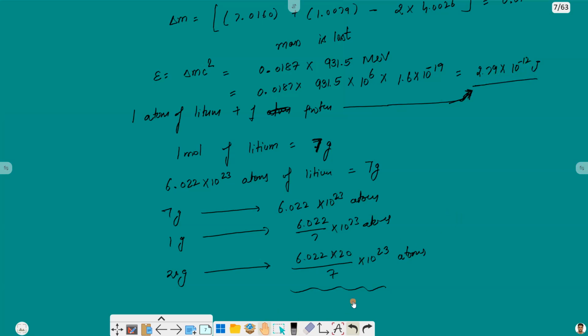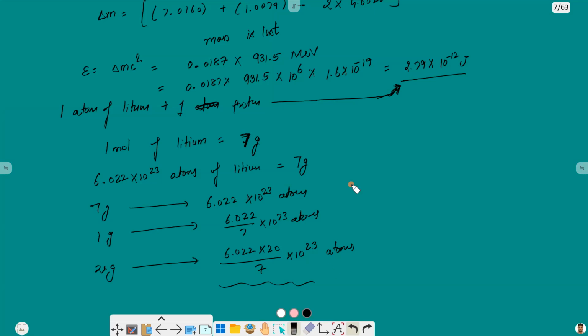So the total energy produced will be E total equal to 6.022 into 20 divided by 7 into 10 raised to power 23 into 2.79 into 10 raised to power minus 12. This comes out to be around 4.8 into 10 raised to power 12 joules.